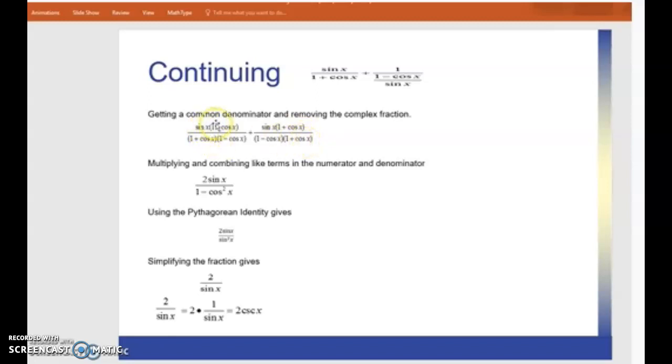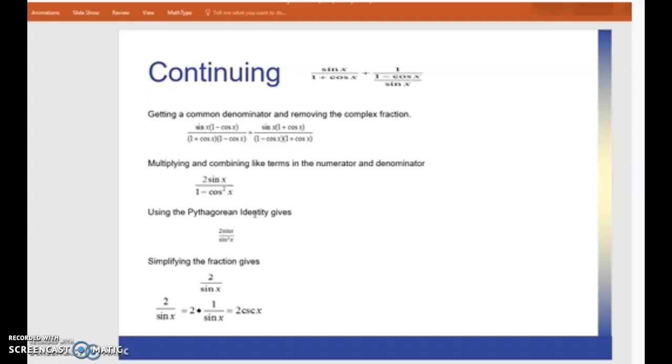At this point, lots of multiplying, distributing, probably using the FOIL method in the denominator to multiply. You could distribute again. And after multiplying, combining like terms as usual, you get 2 sine x over 1 minus cosine squared of x. 1 minus cosine squared of x can be replaced with sine squared of x based on our Pythagorean identity.